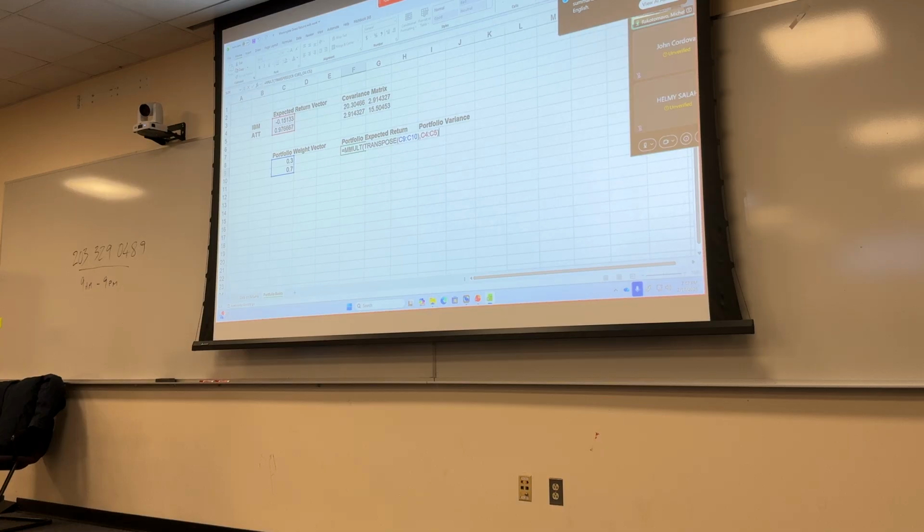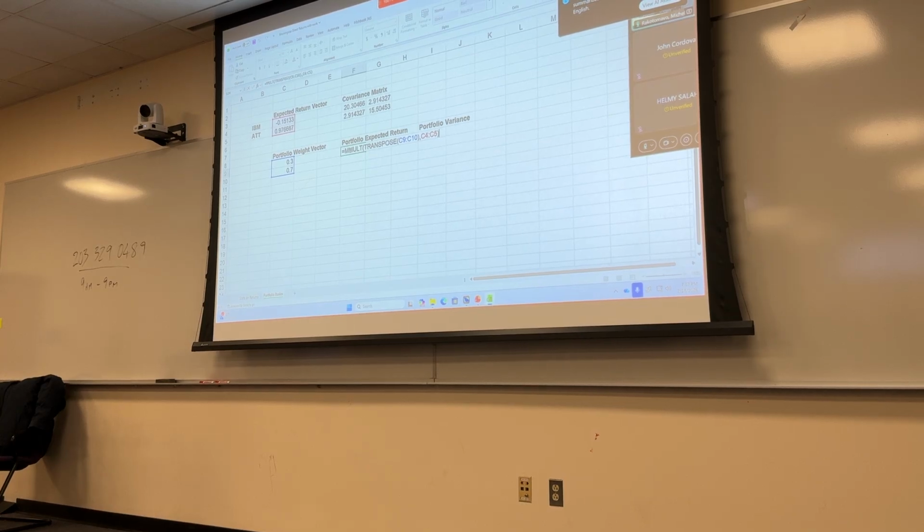So portfolio weight vector is just the other thing, right? The portfolio weight vector, yeah, enter it manually, that's a great question. Peter's question was, do we enter the weights manually as far as C9 and C10 are concerned? And the answer is right now, yes, we're gonna do that. All right. Yeah. The sum product is basically column.